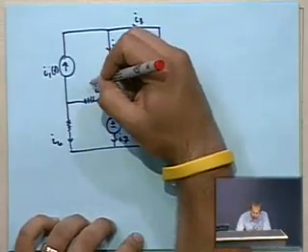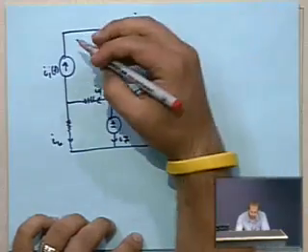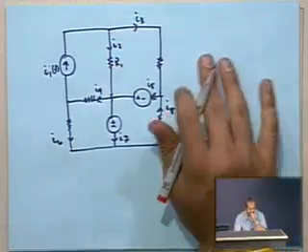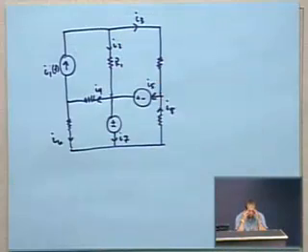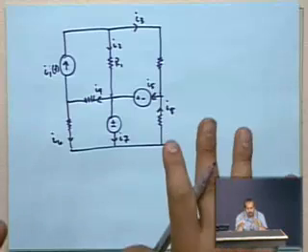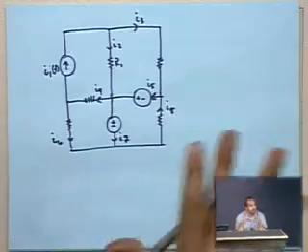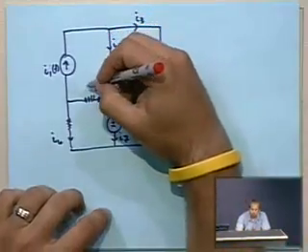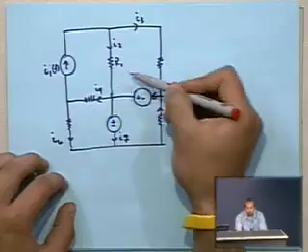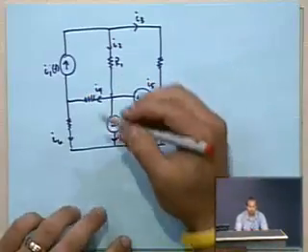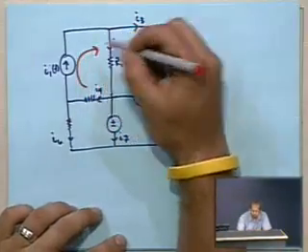So what we will always do in all of our mesh analysis is look at your circuit like it's a window, and for every pane of glass in the window, there's going to be that many mesh currents going around it. And so if we look at this, there's 1, 2, 3, 4 panes, and that's the number of mesh currents that we're going to introduce.